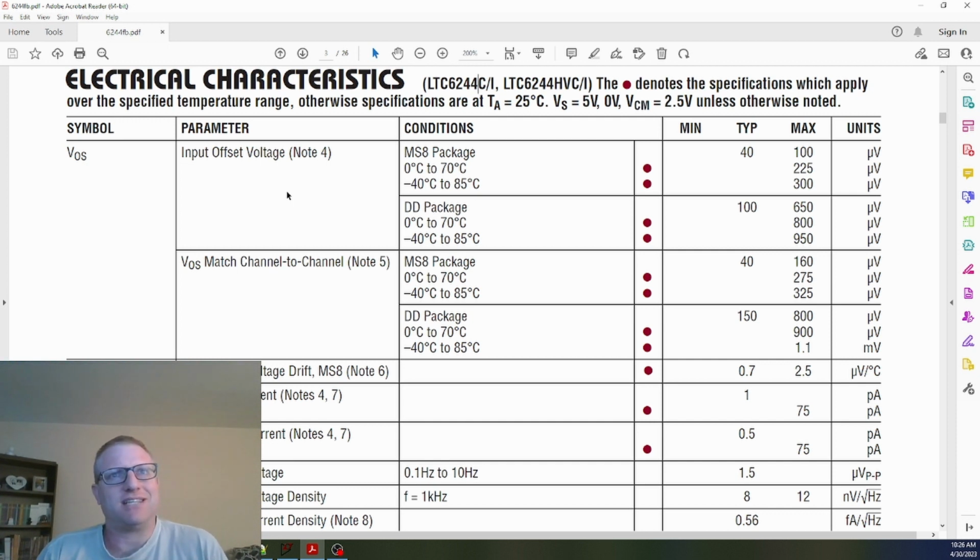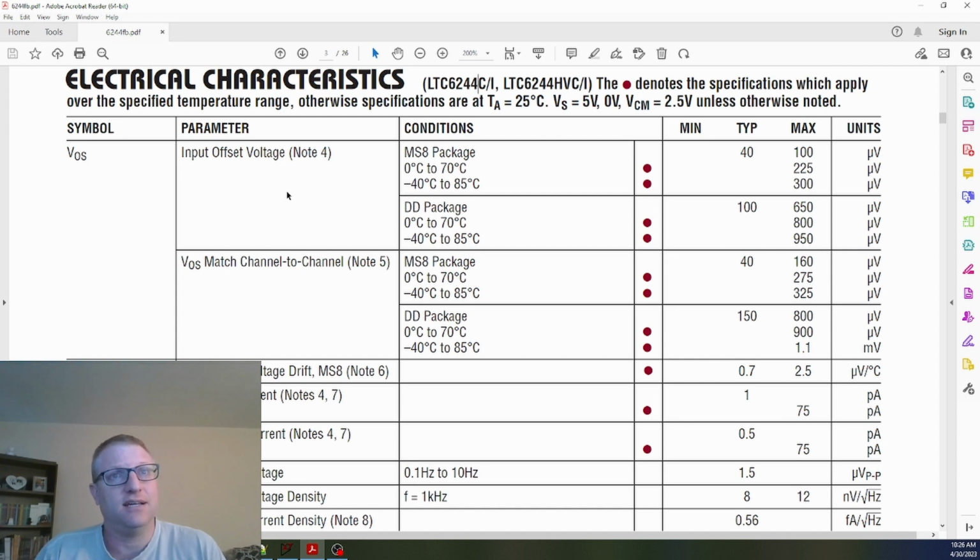If you're going to work outside that range and you want to work in 0 to 70°C, you can see that that offset voltage goes to 225 microvolts. And if you want to work from minus 40 to 85°C, it goes up to 300 microvolts. So you have to take into consideration what is your working environment, like what temperature ranges do you plan on operating in.